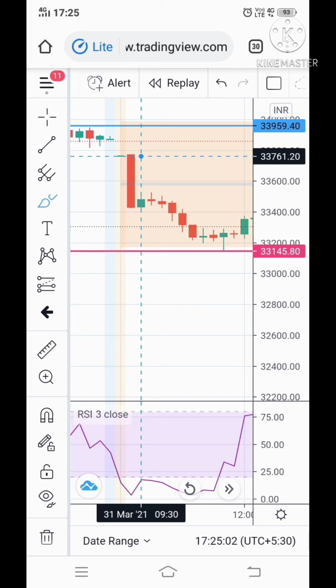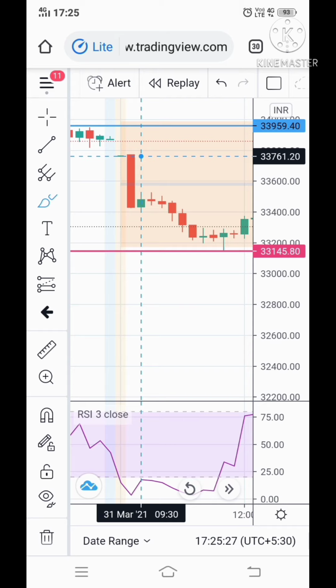Because there is a rule which I follow. I do not take trades in a sudden huge candle, because a huge candle gives some kind of consolidation in the later stages, so I avoid taking trades during a formed bigger candle.